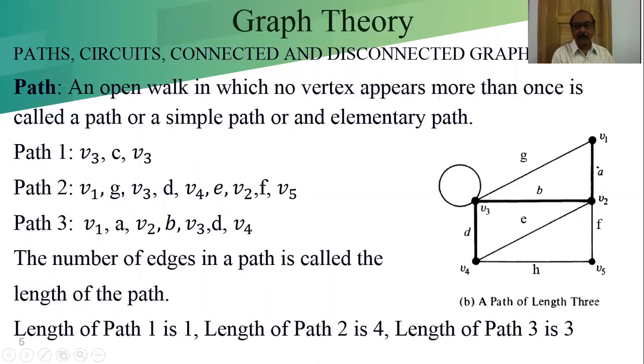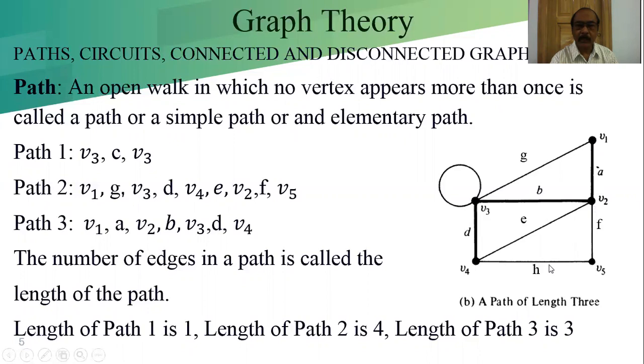In the given graph, we can start from the vertex V1, then edge A, V2, B, V3, D, V4. So this is one path, from vertex V1 to vertex V4.